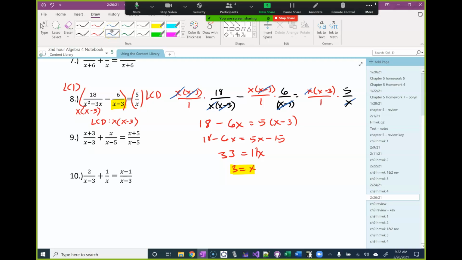If it happens in any denominator, if it gives you a 0 in any denominator, it's a problem. So I discard it, and since I don't have any other solutions left, I just have to write no solution.